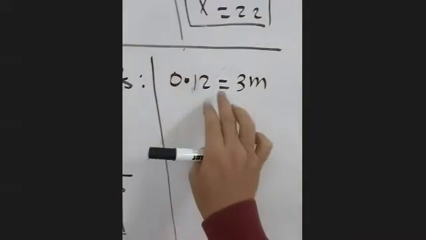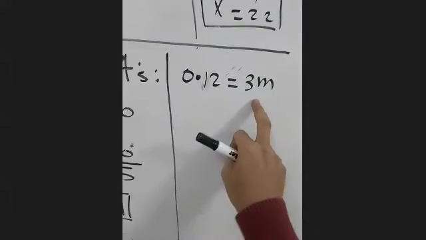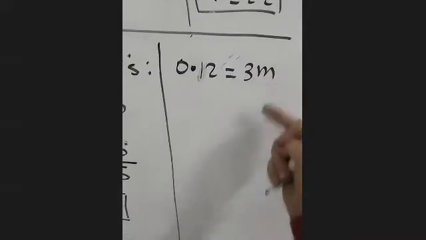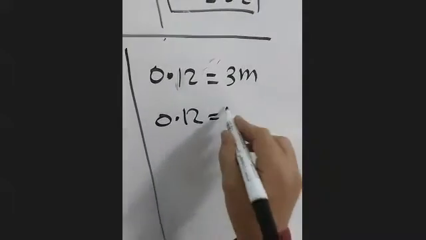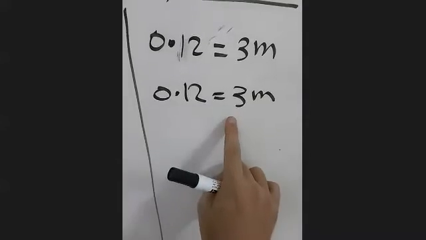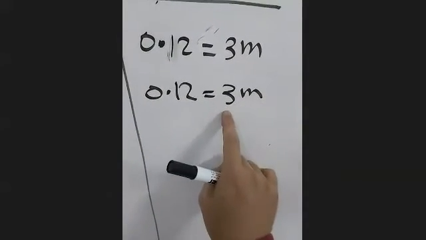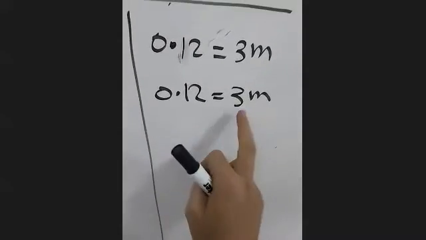Here I have a number equal to a number multiplied by m. So here it's a multiplication equation. The first step, rewrite the equation. So 0.12 equals 3m. The coefficient here is the number which is multiplied with the variable, which is 3. So in multiplication equation, we divide both sides by the coefficient.